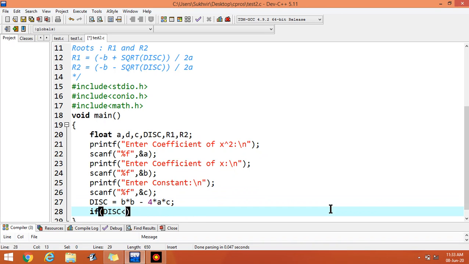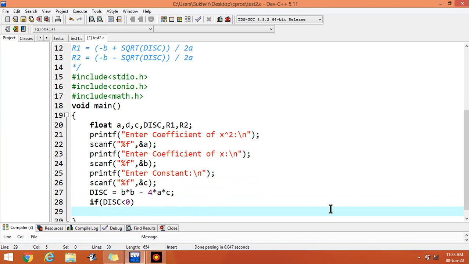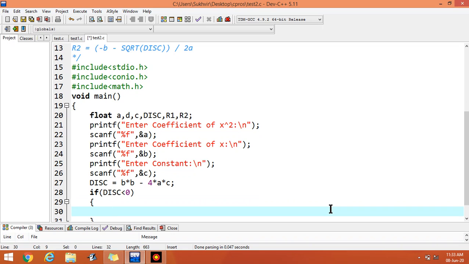If the discriminant is less than 0, then printf roots are imaginary.